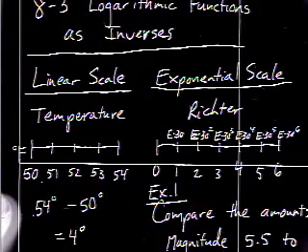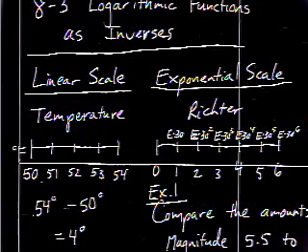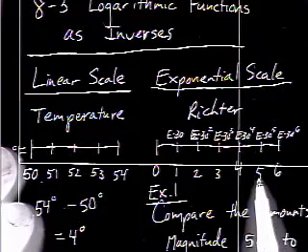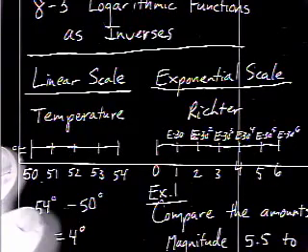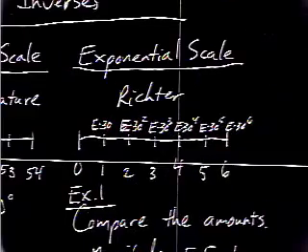Well, the exponential scale is different. The Richter scale, which we use as a measurement for our earthquakes, is based upon exponents. These numbers 0, 1, 2, 3, 4, 5, 6 are values on the Richter scale, but what they correspond to, let me zoom in a little bit here.